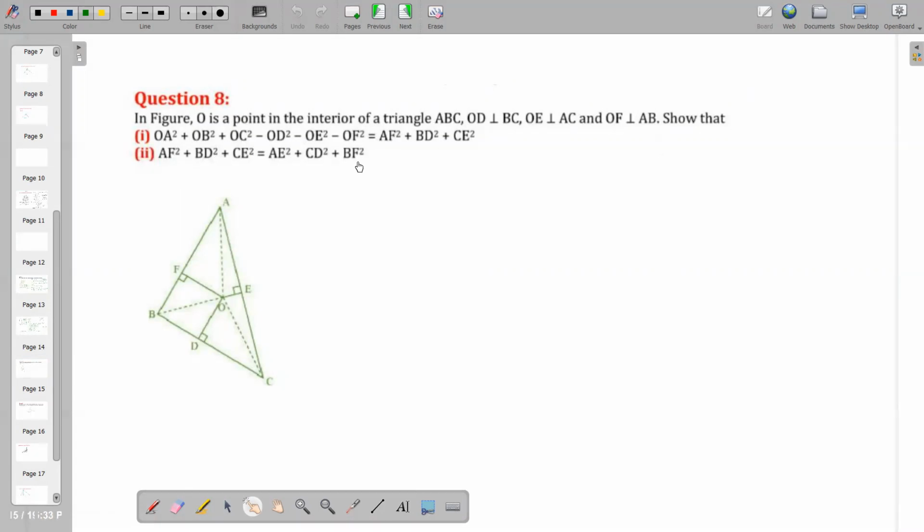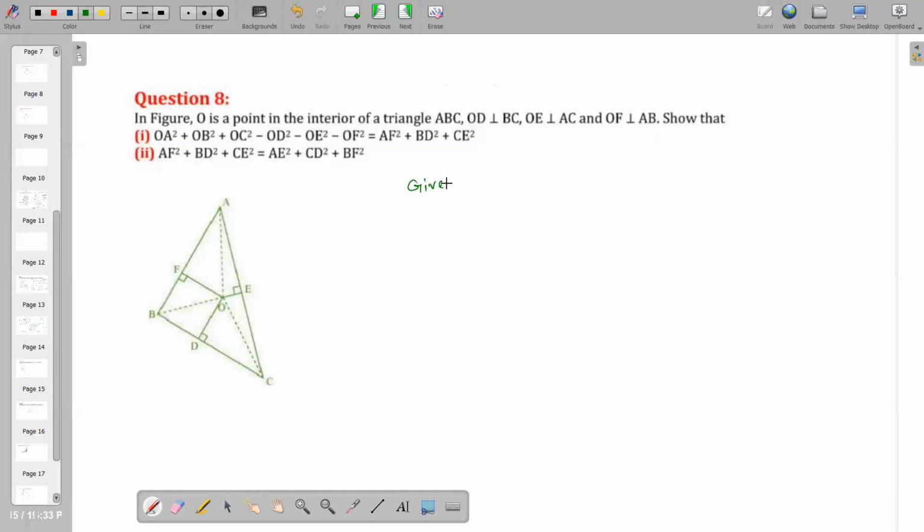So first of all, we can write what is given. Given here, O is a point interior to this triangle ABC. Correct? Let me start writing.